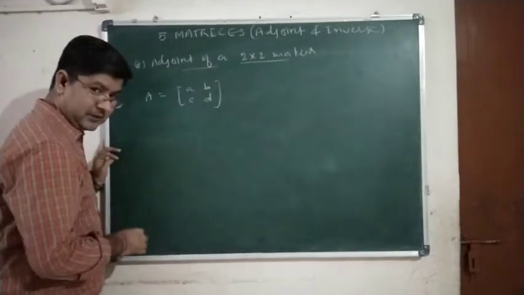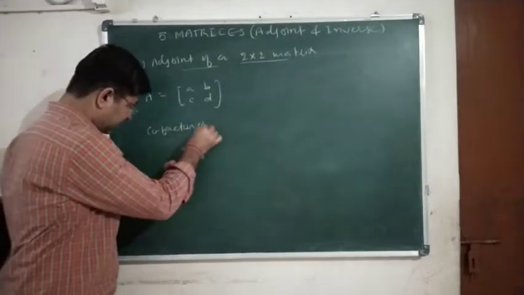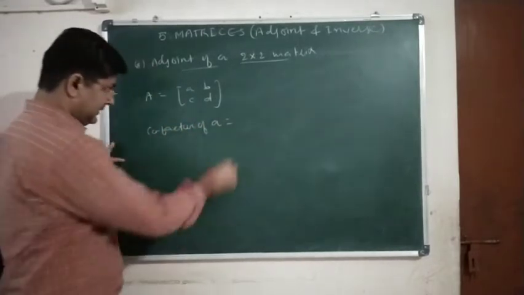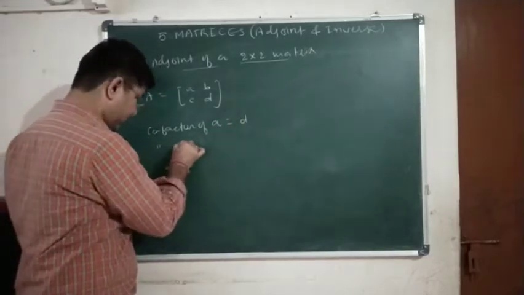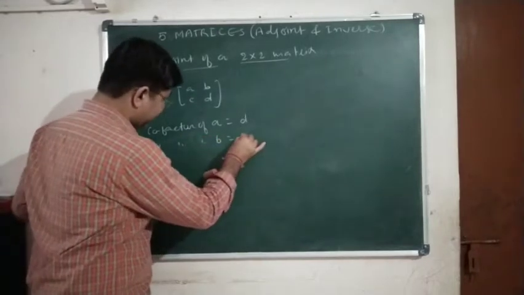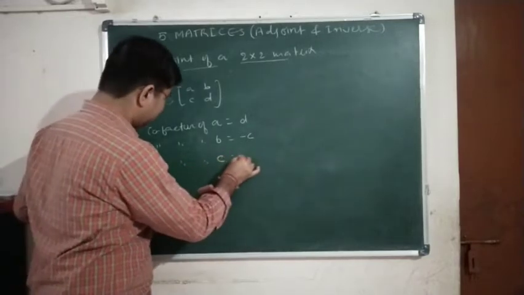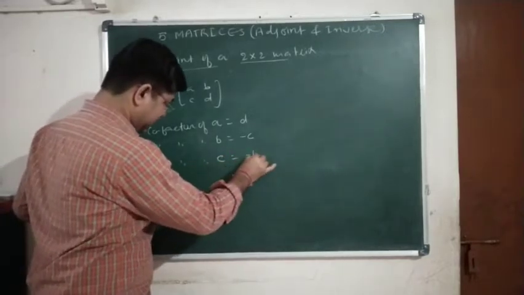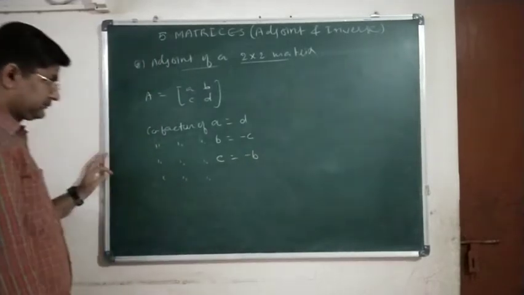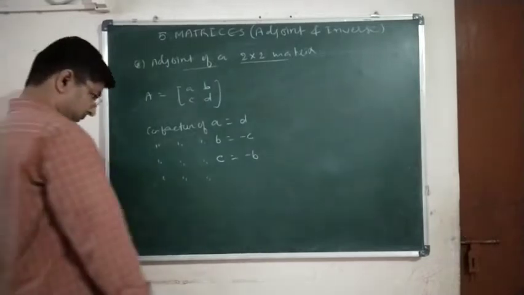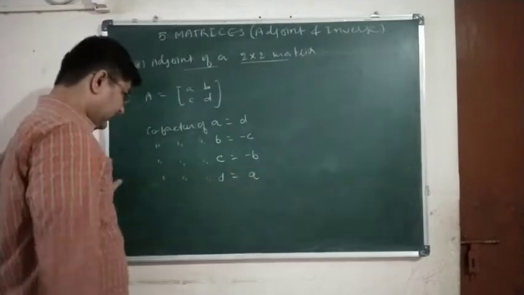Cofactor of the first element a will be d. Similarly, cofactor of b will be minus c. Cofactor of c will be minus b, and cofactor of d will be a.